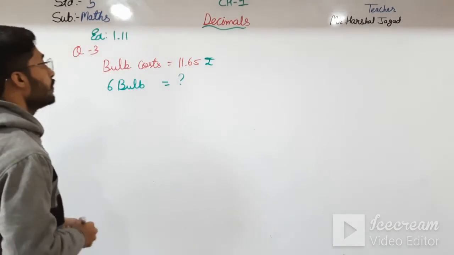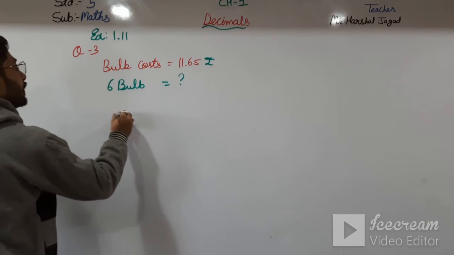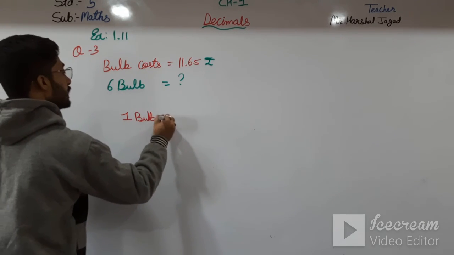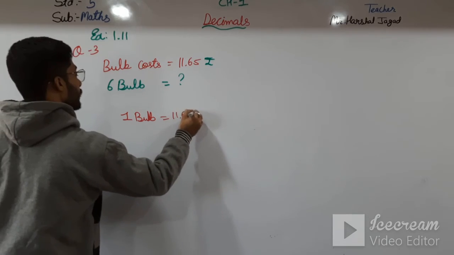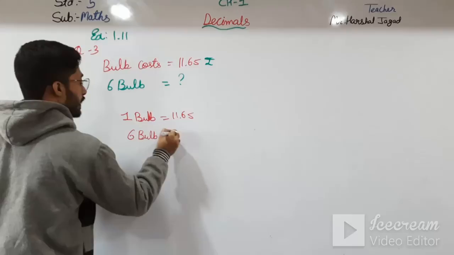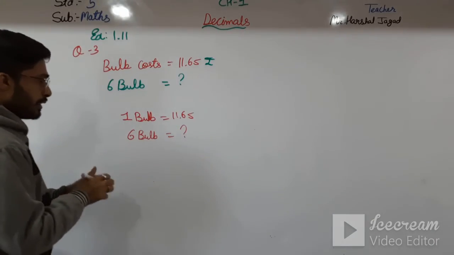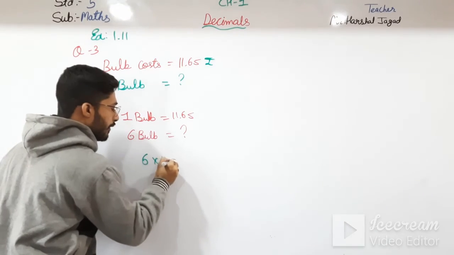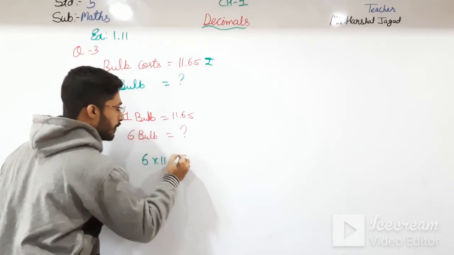So here we have to do multiplication. One bulb is equal to 11.65. Then 6 bulbs are equal to how much? Then I need to multiply, that is 6 into 11.65.